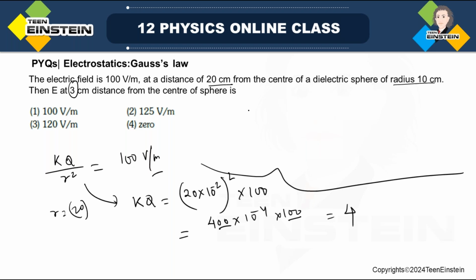So this r equal to 3 centimeter is less than 10 centimeter. So the electric field inside will vary as kQr by capital R cube.